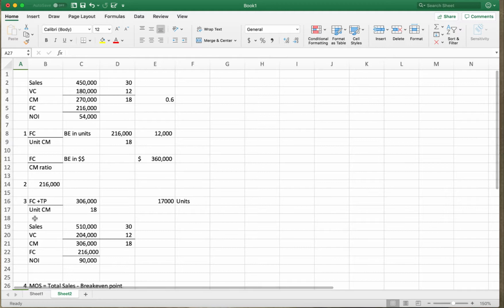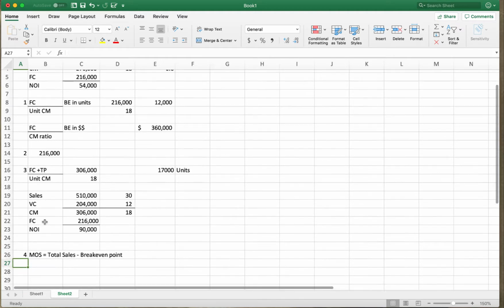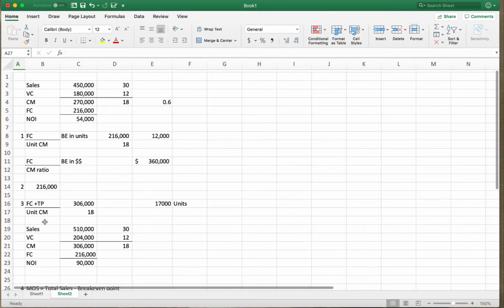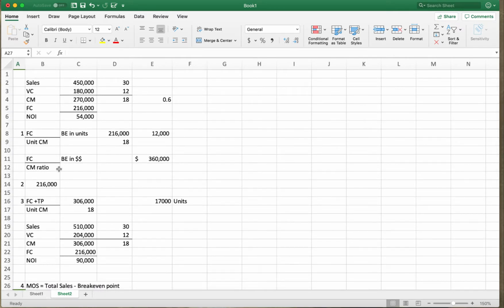Actually, no. Further, using the original data, compute the company's margin of safety in both dollars and percentage terms. Okay, so if we're going by the original problem, we need to figure out our contribution margin in dollars. Well, it's 360,000, right?